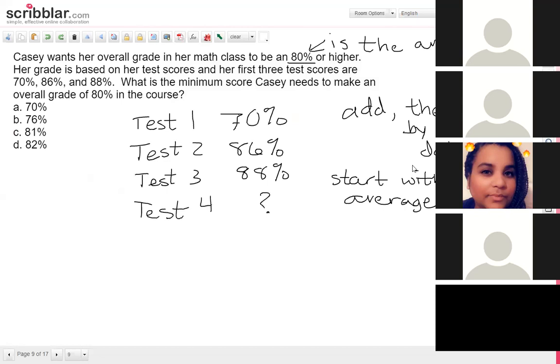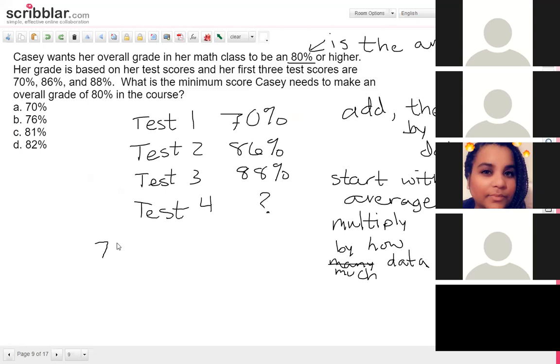Multiplication. So we're going to multiply by how many there are, or how much data. So how many data points do we have? Okay, so this is tricky. The fourth test that we don't know also counts as one of our data things.